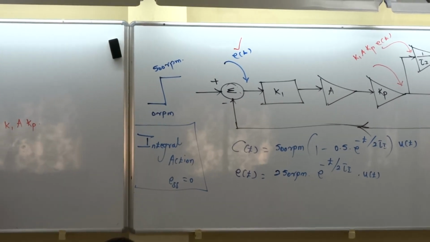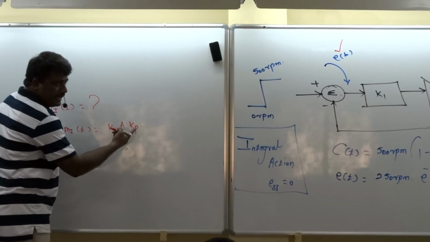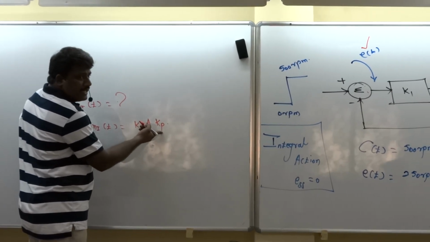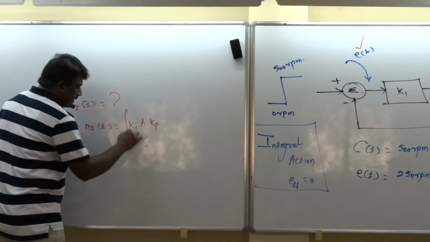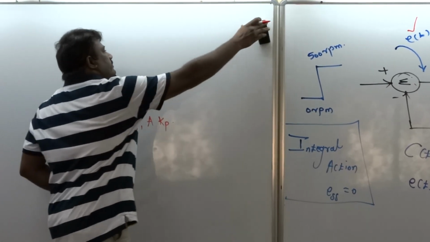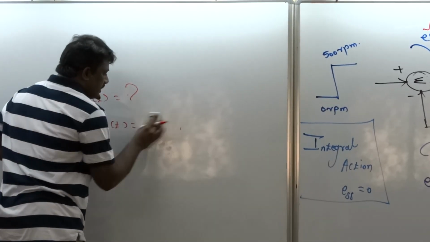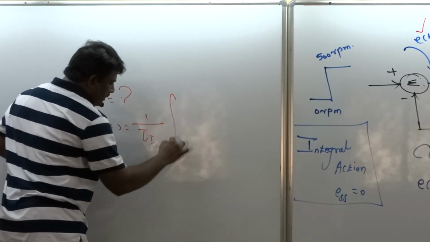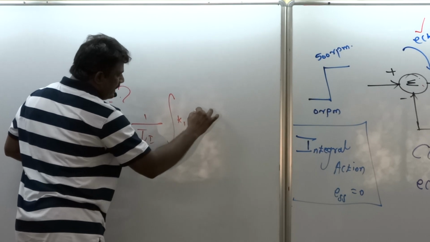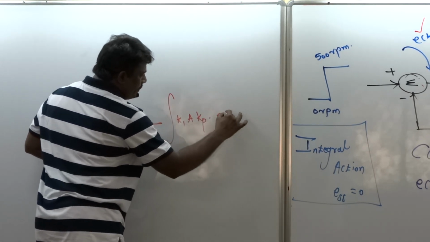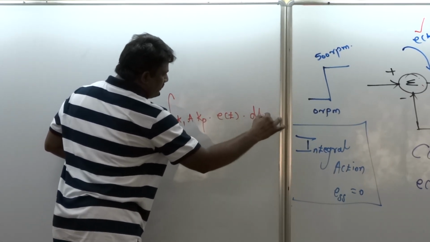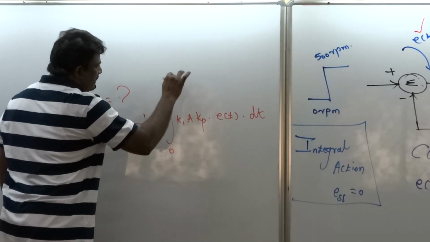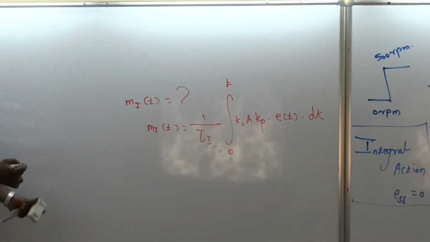Therefore, Mi of T will be K1 A Kp, then integral of your error signal, 1 by tau I integral of K1 A Kp into E of T, integration with respect to time for the period 0 to t. Okay, evaluate now.